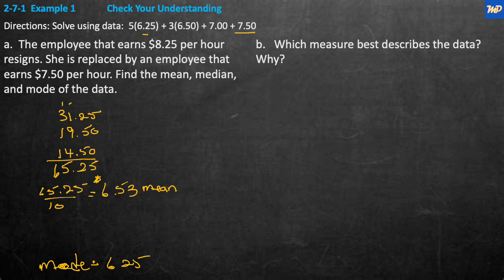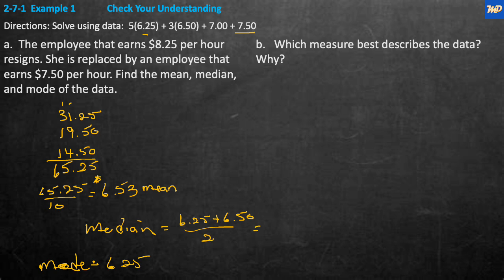Then let's go ahead and do now the median. The median is we've got the same number. Same number, so that means we're right in the middle. But what are we in the middle of? We have 1, 2, 3, 4, 5 of these. 1, 2, 3, 4, 5. So it's 625 and 650. It's the same thing. So the median is equal to 625 plus 650 divided by 2.